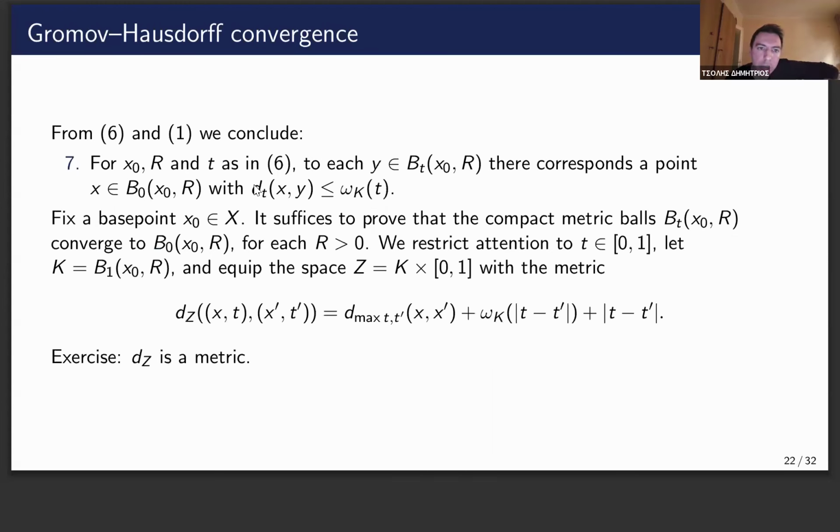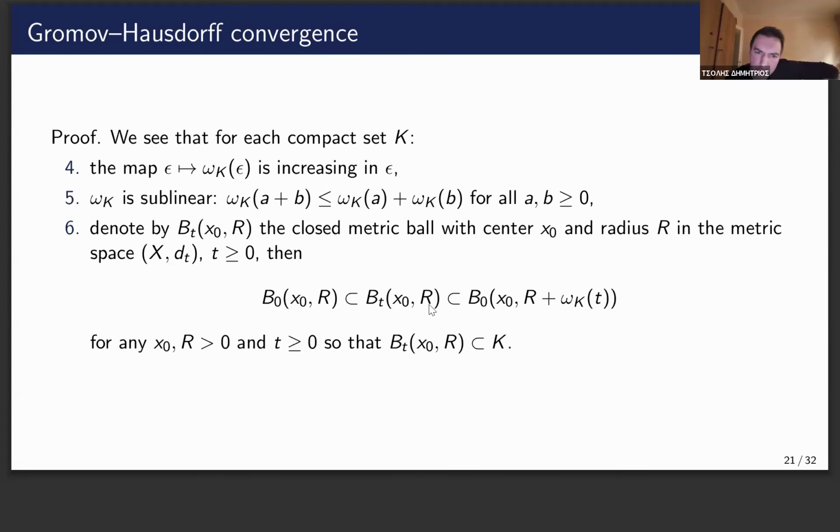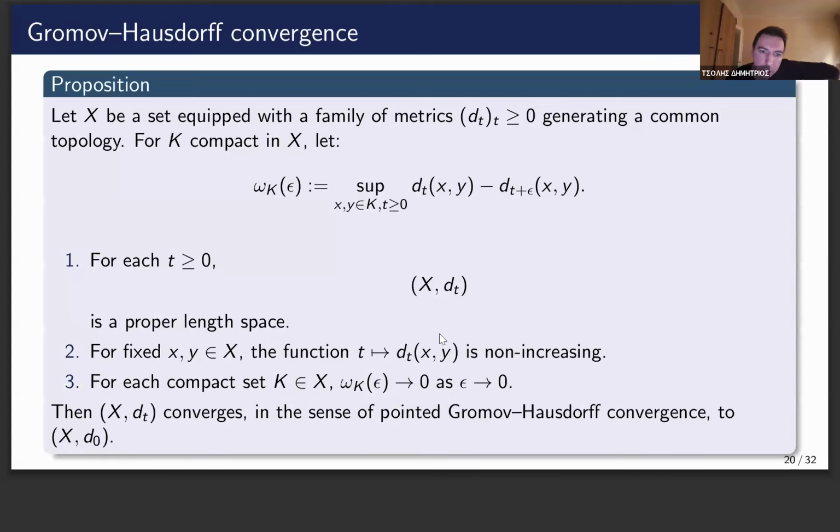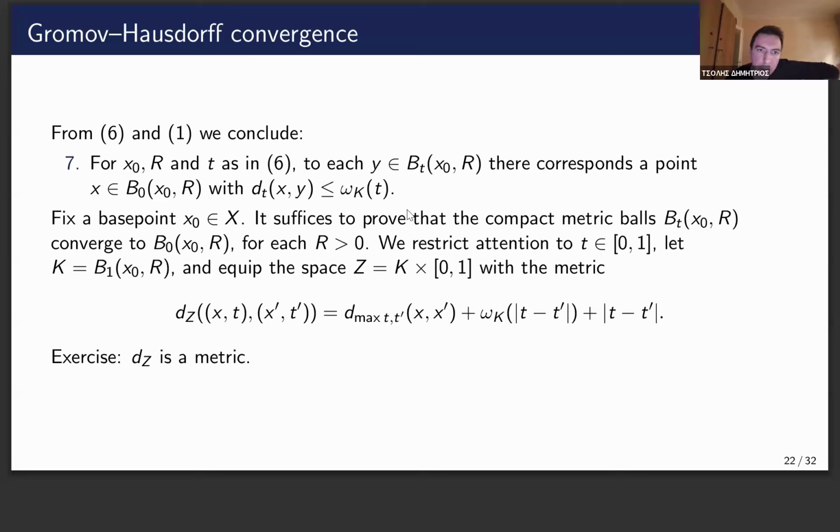And we use this to prove this inequality, that d_t of x, y is less than or equal to omega K of t. Now you can see this from this inclusion here, and using the fact that it's non-increasing in t, you can easily see that we can get this inequality.